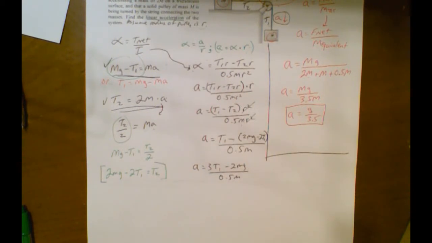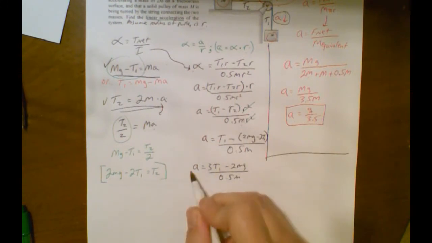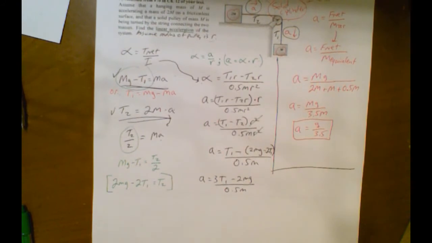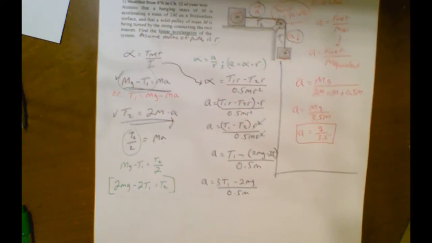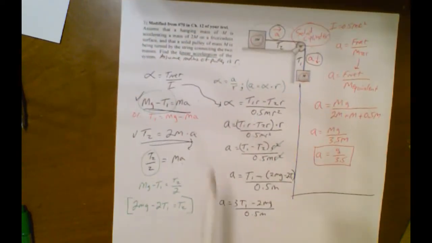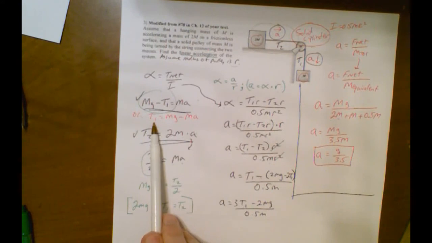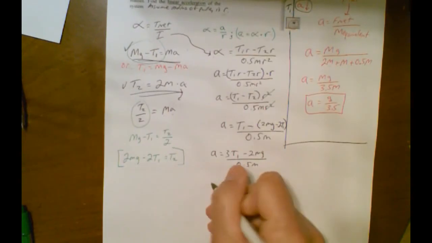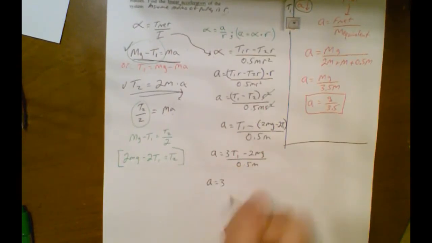Okay, well now what? I've got a lot of variables still. I've got m and g and T in here, and that does not look like something that I want. That does not seem to be a fundamental variable. But if I go way, way, way back up here, if you remember, I had that T1, when I rearrange this, was equal to mg minus ma. So I'm going to put that in here. a equals 3.